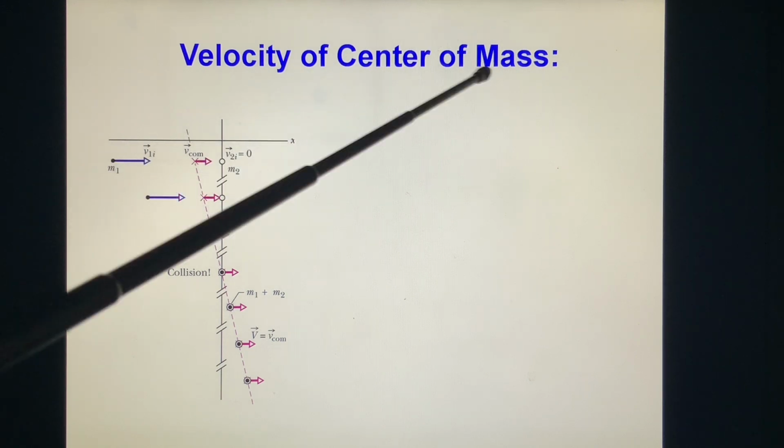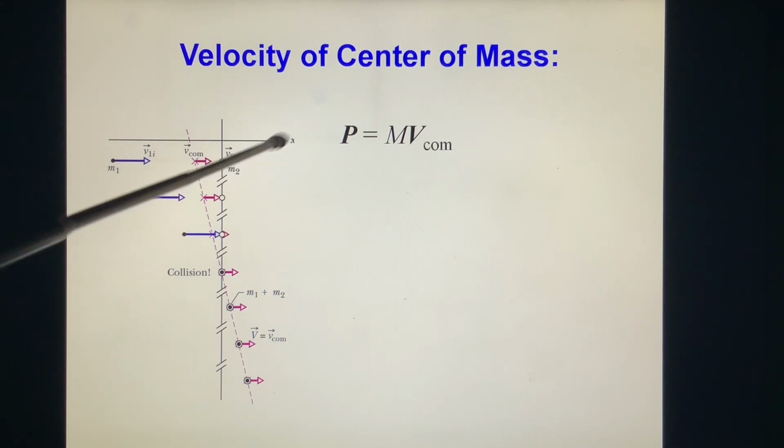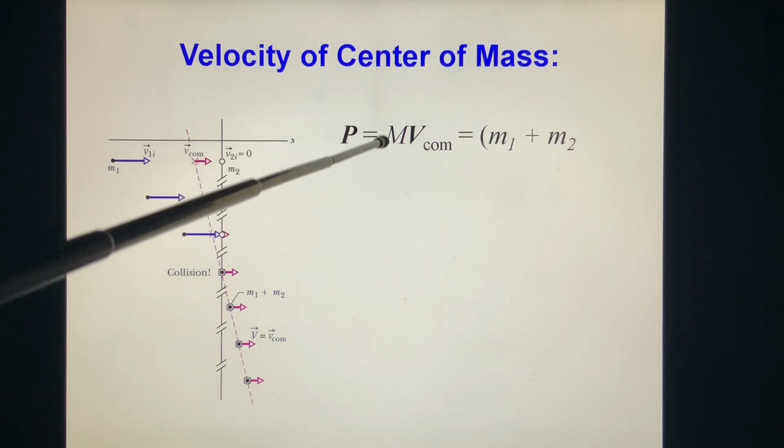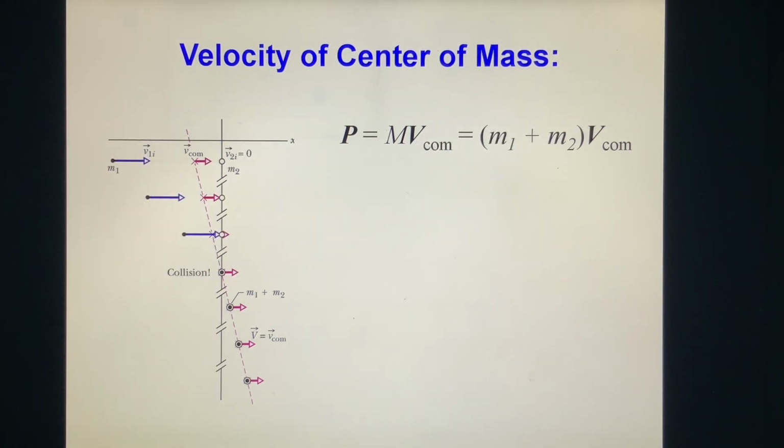Velocity of center of mass. Look, this is particle 1, particle 2. This is the center of mass. You see, the speed of the center of mass is always constant because it's an isolated system. F external is 0. Linear momentum is conserved. So we know P is M V com, equal to M1 plus M2 times V com.